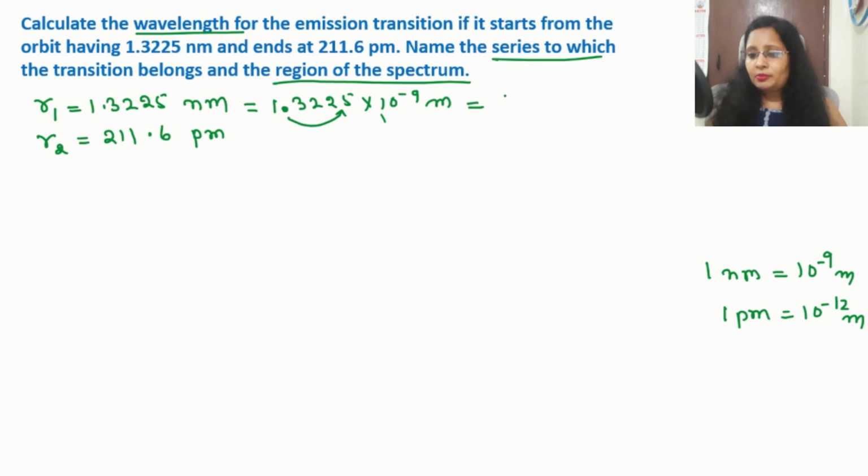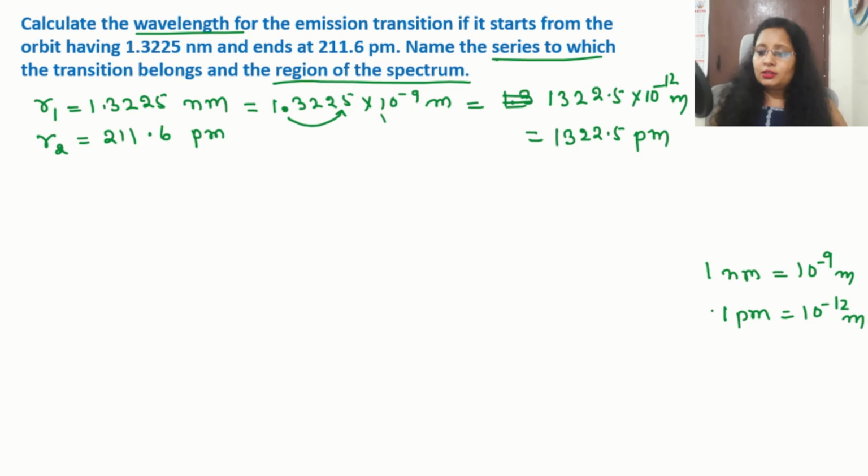So what will it become now? 1322.5 into 10 to the power minus 12 meter, we can write. Now this is 1322.5 picometer, we can write using the second one. So in this way we turned the nanometer into picometer.